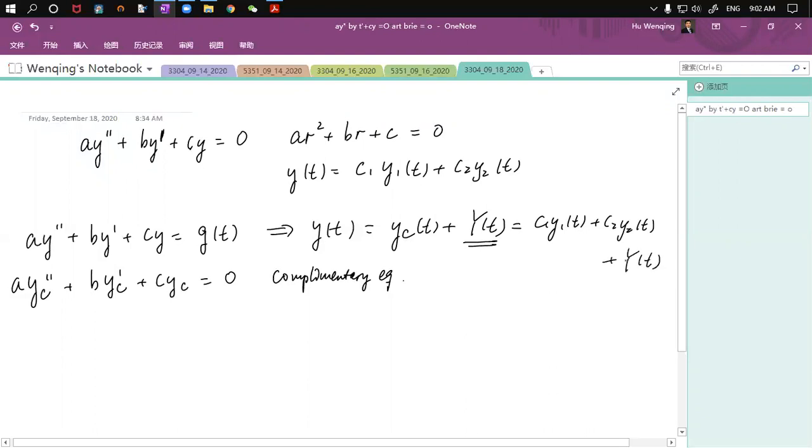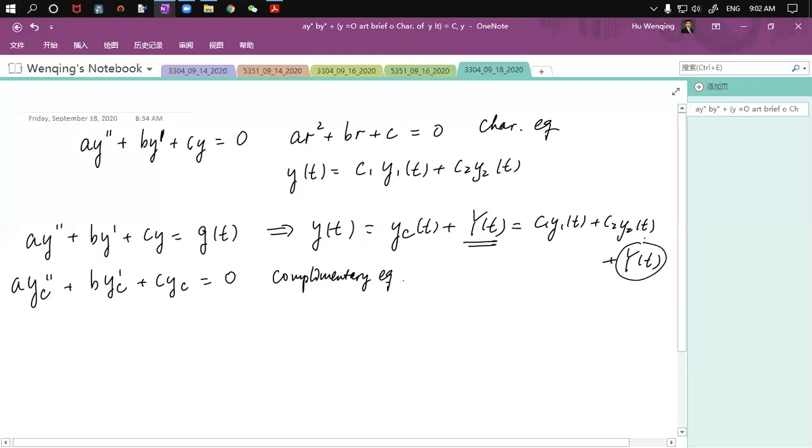The key point is that we have been learning how to find y1, y2 by characteristic equations. Therefore, we are only left with how to find capital Y of t, just one particular solution of the non-homogeneous problem.